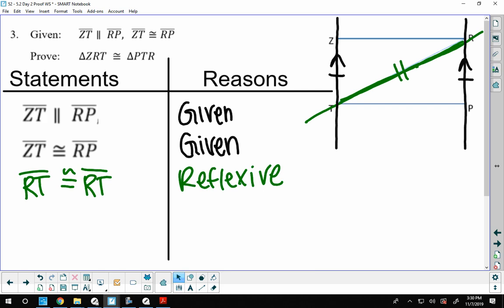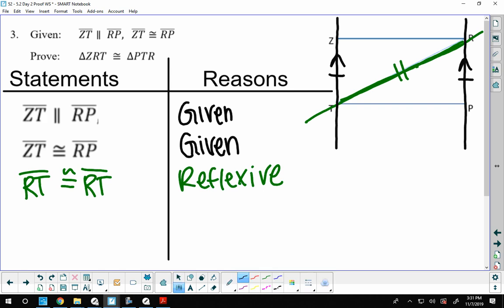So we actually have two sets of alternate interior angles. We have alternate interior angles here on the insides of my lines and opposite side of the transversal. And we also have alternate interior angles here. Now we only care about one pair of them for our proof. And the reason for that is because we only need one pair to prove the triangles congruent using the side angle side congruency postulate.